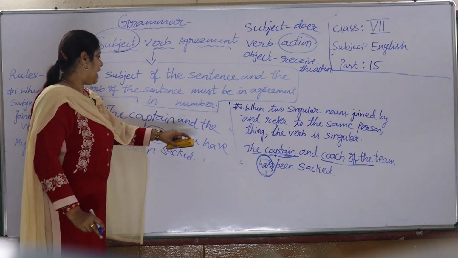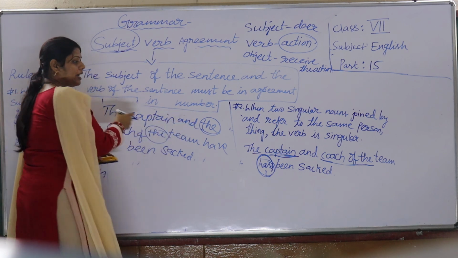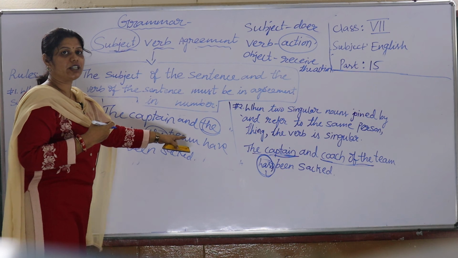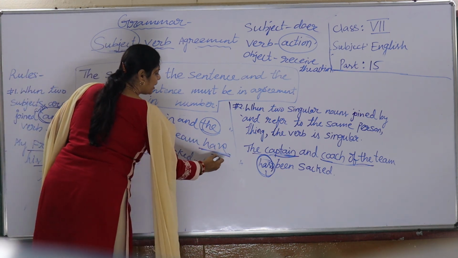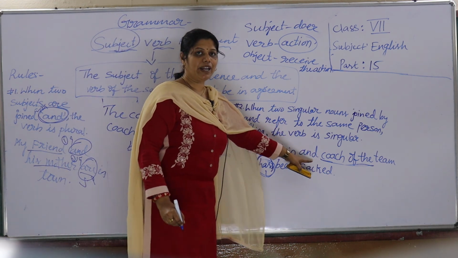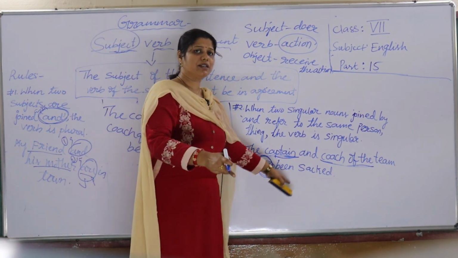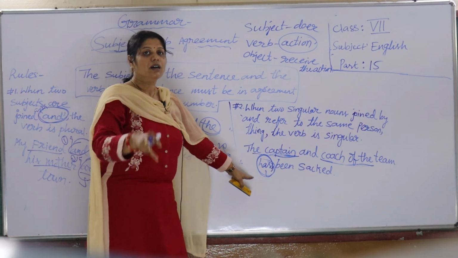The captain and, sorry, the captain and the coach. That means here two singular nouns are not related to each other. They are different. So here the verb becomes plural. Understand? But when I am referring to the same person, the captain, and the same person is the coach of the team, then the verb should remain singular.